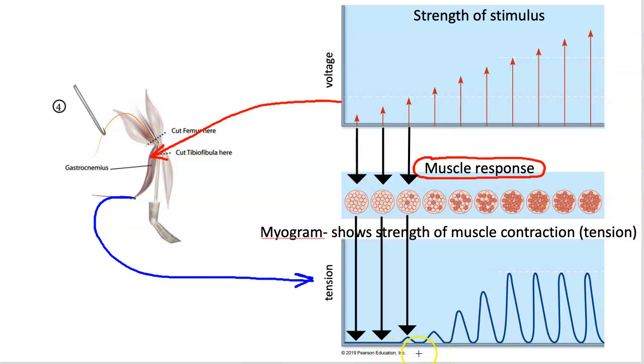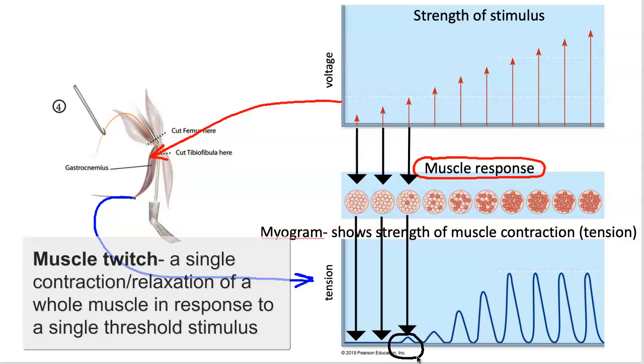So I want to pause this experiment right here. We'll come back to this, but I want to pay attention to this little contraction that we're seeing on the myogram. This is what's known as a twitch. A muscle twitch is a single contraction in response to a single threshold stimulus. What we're seeing on the top graph, and they're showing us this with the dotted line, is the stimulus has to be sufficient in order to elicit a response from the muscle.